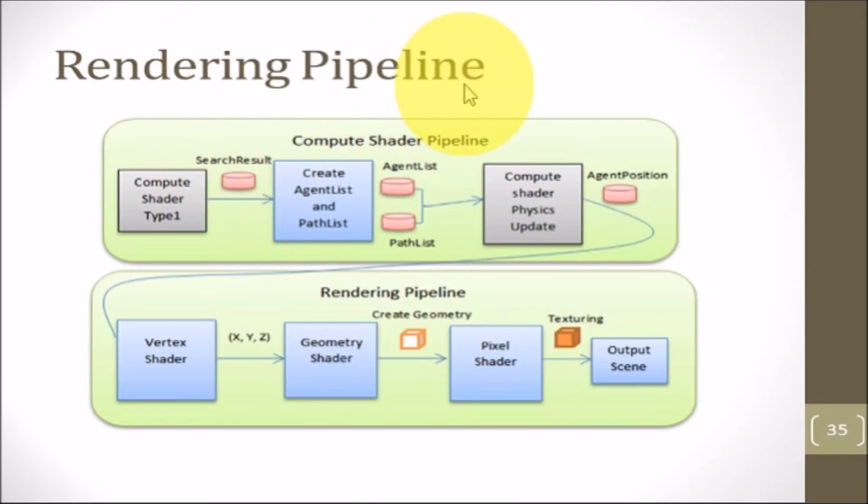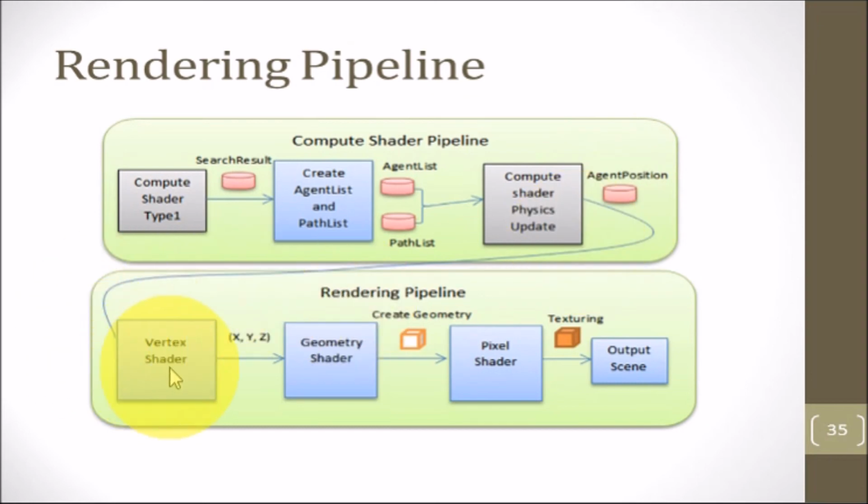Now the rendering pipeline is something like this. The ComputeShader will calculate the path for each agent, and this path will be populated into the buffer. To animate a particular agent, we will use a ComputeShader to update the position of each agent and populate it into the buffer.